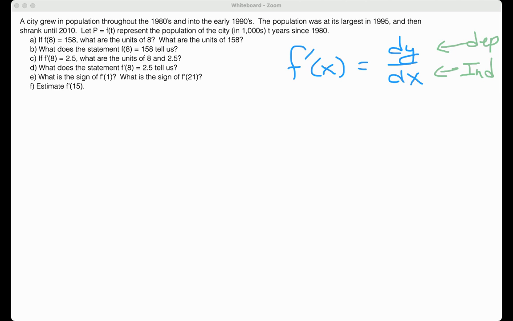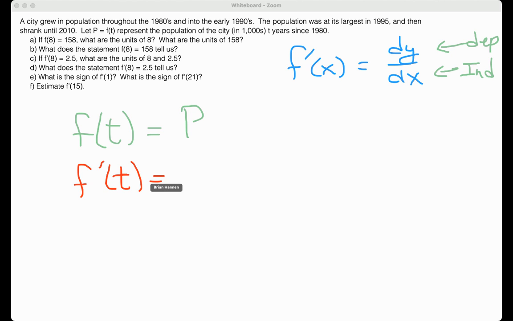We're talking about a city's population, and I'm using this general notation here. It's just some function f of t. Well, f of t supposedly represents p, which is a population. So this whole function is related to a population. Do not for one moment think that this is going to be dy over dx.